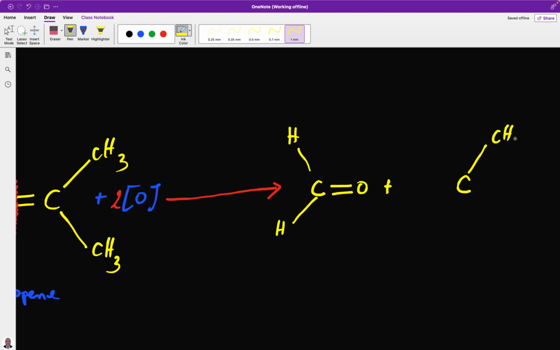You will have this, and you will also have this. These are the 2 added oxygens.